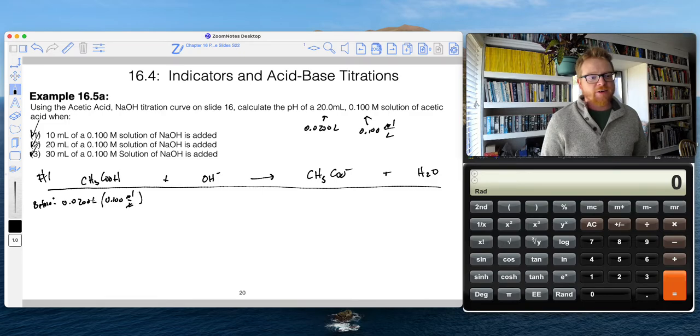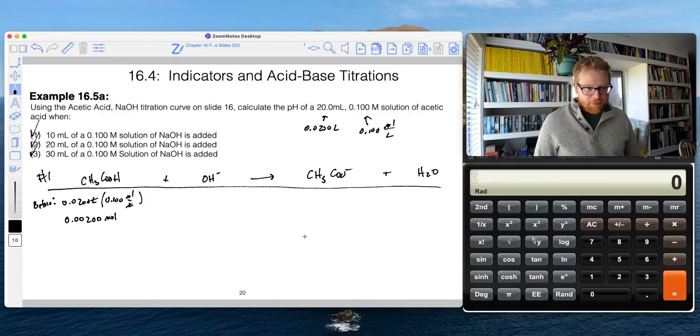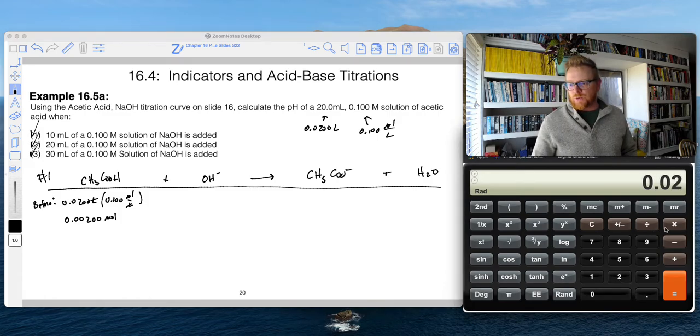The liter and the liter cancel, and that gives me the number of moles: 0.00200 moles. I know that's a lot of zeros to carry through, but it's important that I get the right number of sig figs. I got that just from saying 0.02 times 0.1 is 0.002, and I added on the extra sig figs because we need them there.